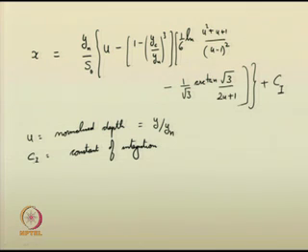So, this solution was obtained by Bresse in 1860. You see, it was long back in the 19th century itself that such a solution was identified. This is called the famous Bresse solution for gradually varied flow profile.